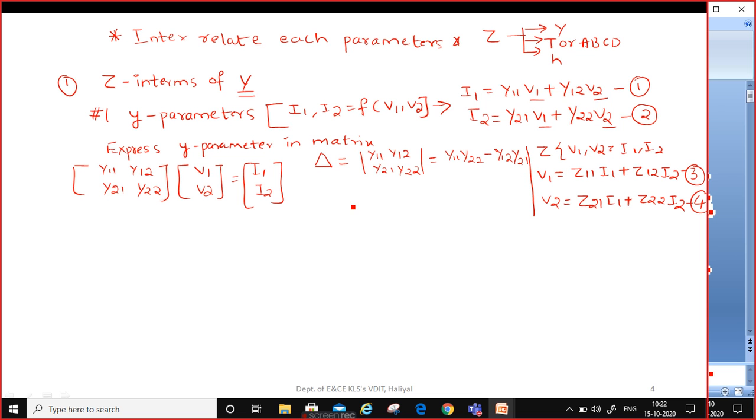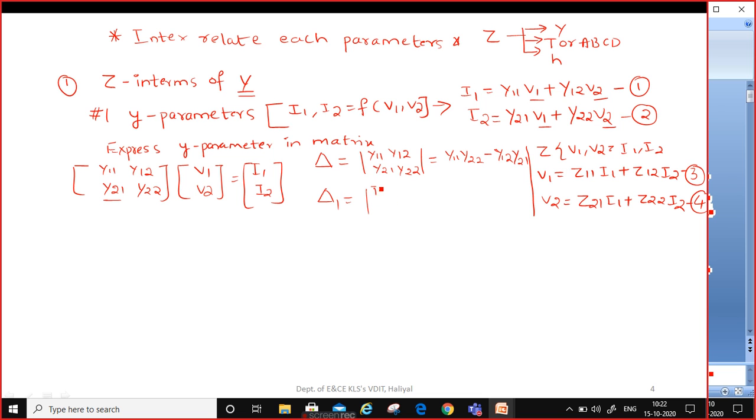Similarly, you can also define delta 1. If you take delta 1, you have to replace this column by I1 and I2.